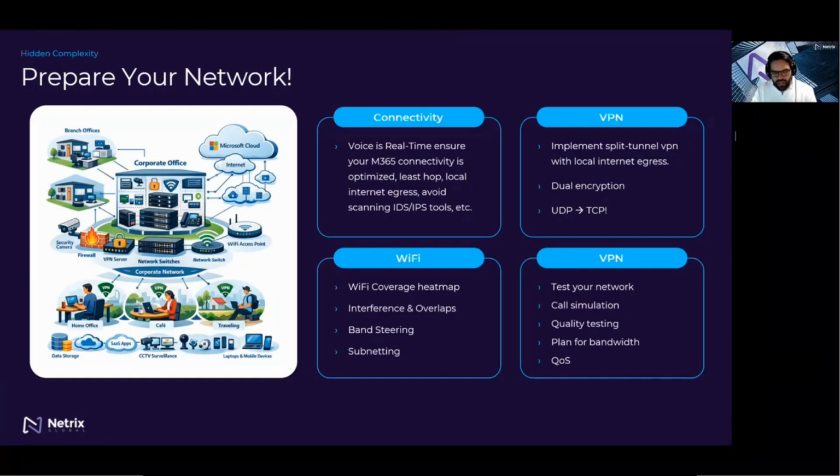Everybody uses Wi-Fi. There are some things to consider on Wi-Fi, right? We have a bunch of clients moving more onto Wi-Fi for their corporate locations because they want to promote mobility and the collaborative experience in their buildings and whatnot. So spend some time, check the coverage, check the interference, band steering, subnetting. Those things are going to matter when it comes to a Microsoft Teams phone system.